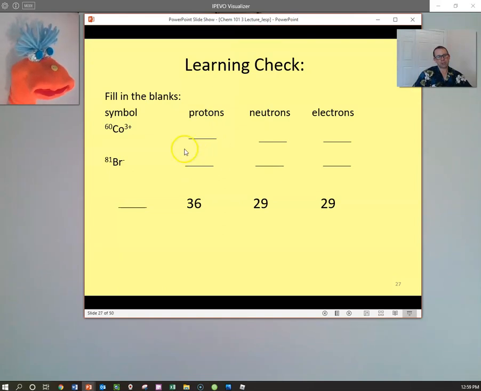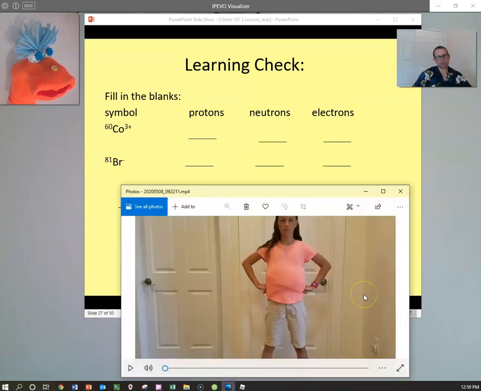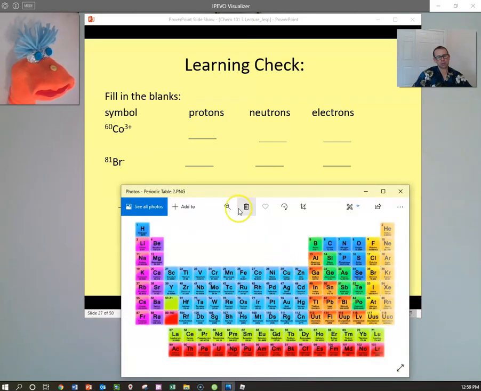Now, we have another opportunity to fill in the blanks here. Let's bring up our periodic table. How many protons does this species have? Cobalt has 27. Yep, 27 protons. How about neutrons? It should be still 33, right? That's right, 33.